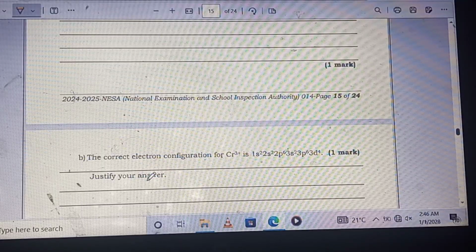Justify your answer. The correct answer is false because here is the 3.